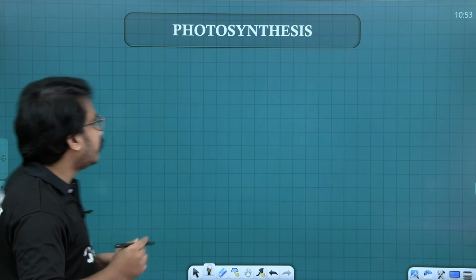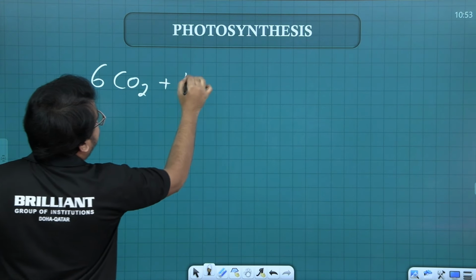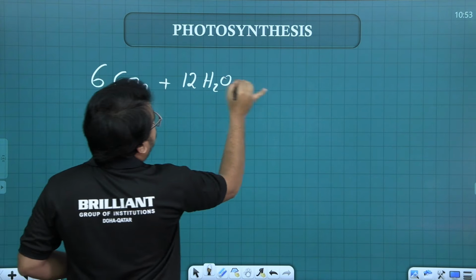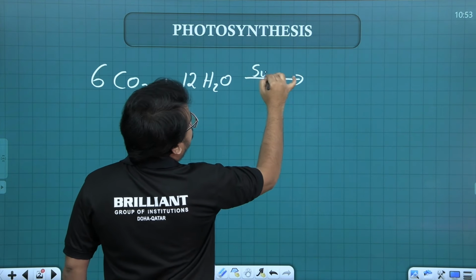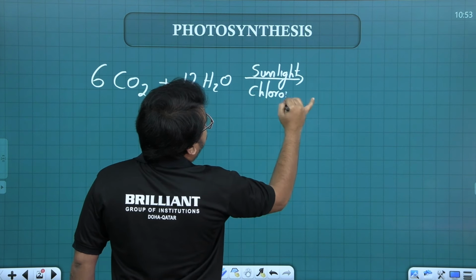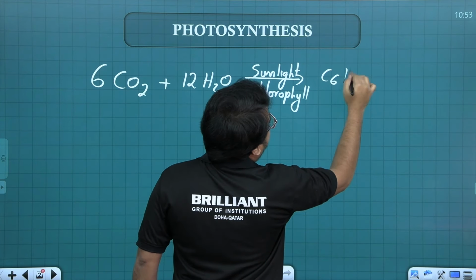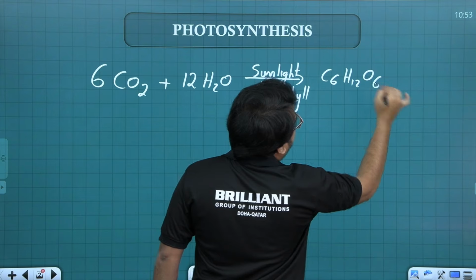So let me tell what is photosynthesis. It's the process by which green plants prepare their own food using raw materials like carbon dioxide and water in presence of sunlight and chlorophyll. Here they will be using 6 CO2 and 12 H2O molecules in presence of sunlight and chlorophyll, and it will be converted into carbohydrate C6H12O6.